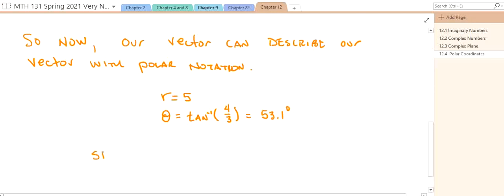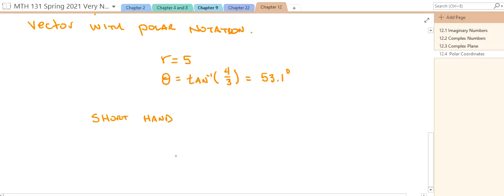Shorthand we can use, you might see this appear somewhere, where we would write it just as r angle theta, or in our case it would be 5 angle 53.1 degrees. Sometimes it's written like this: 5 with the angle symbol, 53.1 degrees.